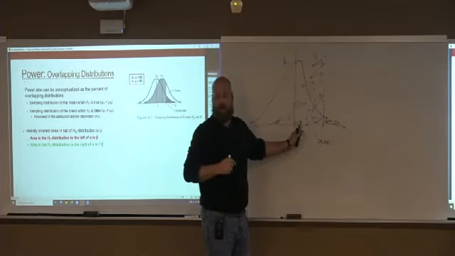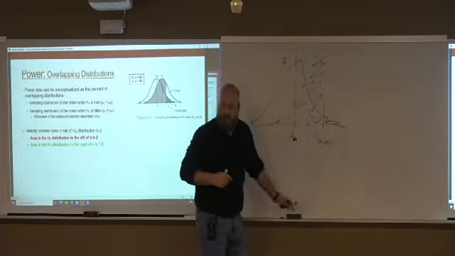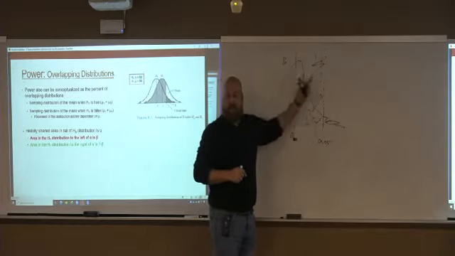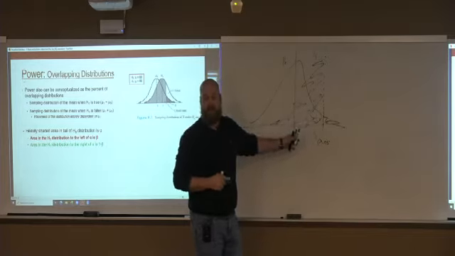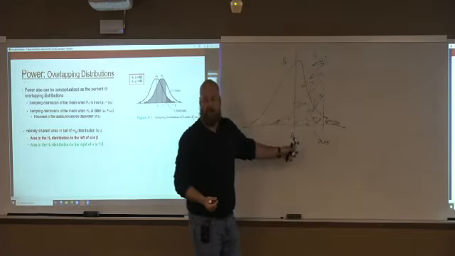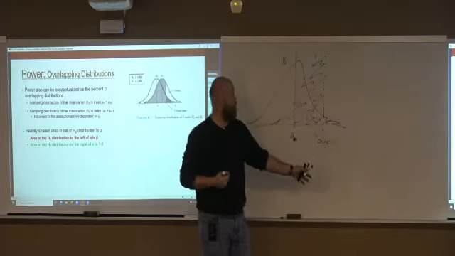You're going to fail to reject, but it's still technically different. Right. So even though there is a difference between these two, I'm failing to reject the null hypothesis even though the null hypothesis is false. And so what type of error am I making here? A type 2 error, right?